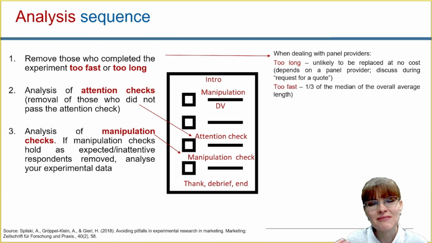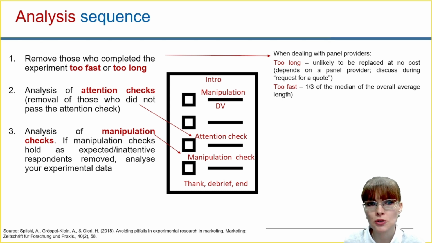But they were more willing to replace those who completed it too fast. And based on my personal experience, panel providers treat those who completed my experiment in one third of the median time as the ones who completed too fast. And then they would replace those at no cost.